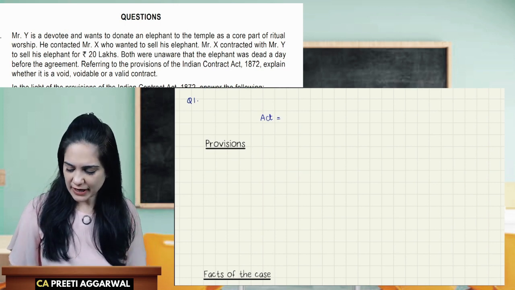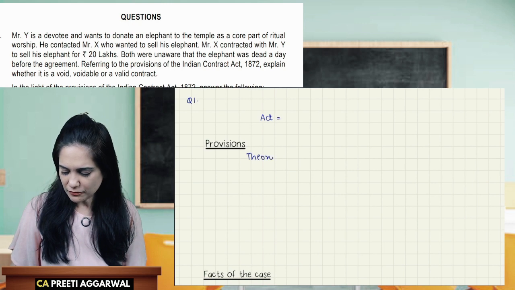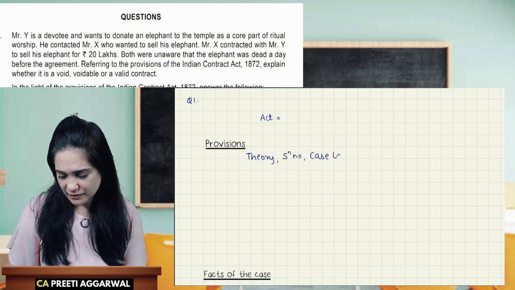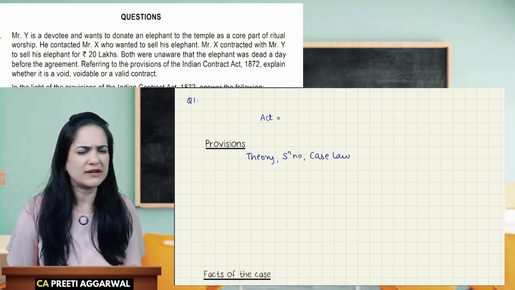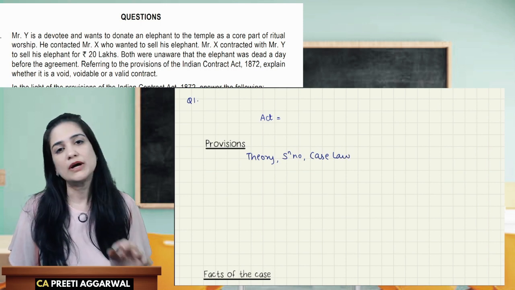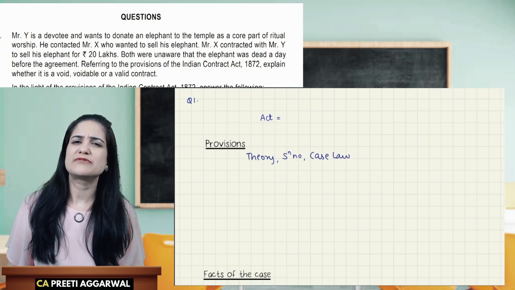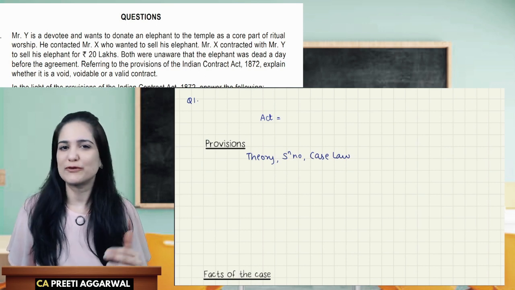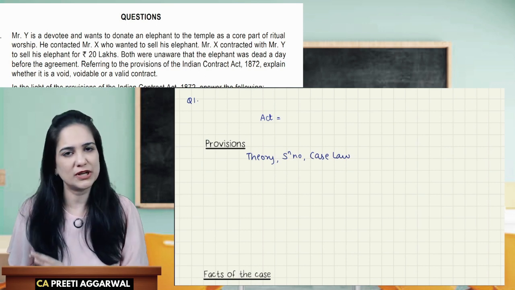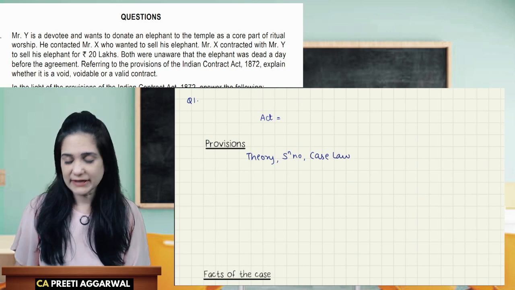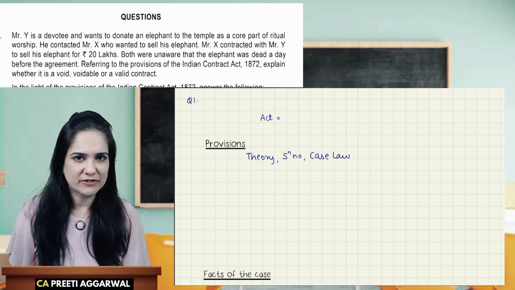So here we will write the theory. We will quote the section number, the name of case law, if any. You need not explain the case law in detail. They're not expecting you to explain the case law. Name is sufficient. Sometimes, yes, if the question is based directly on the case law, then you will have to write the name as well as the explanation in your own words.